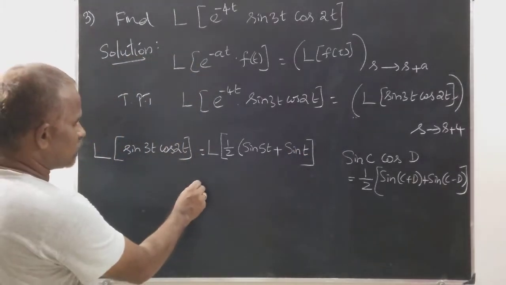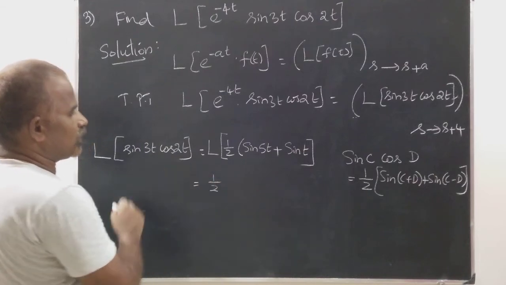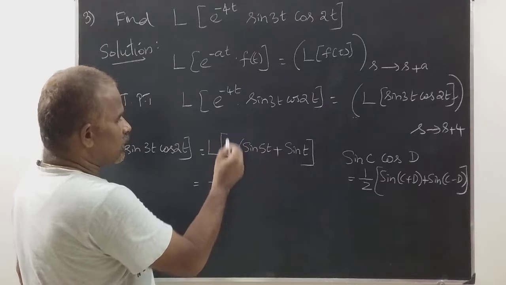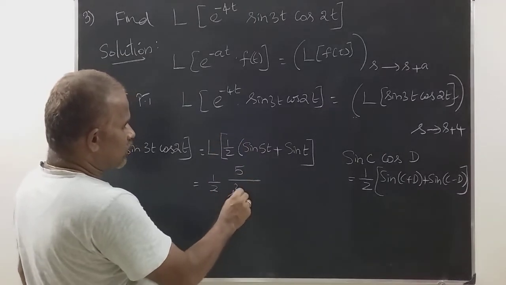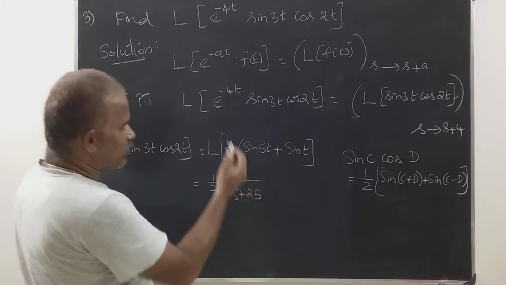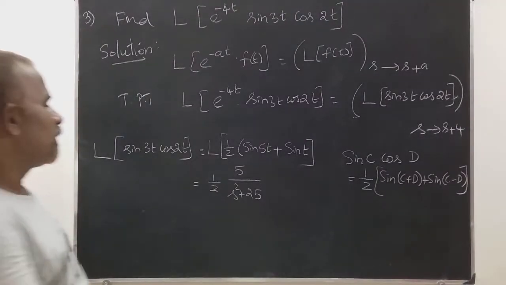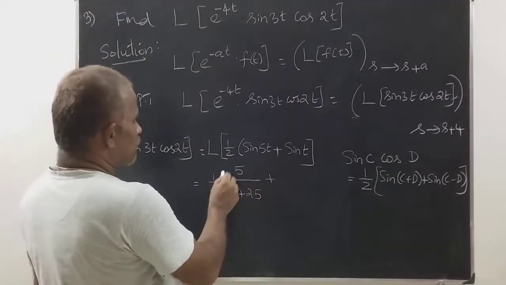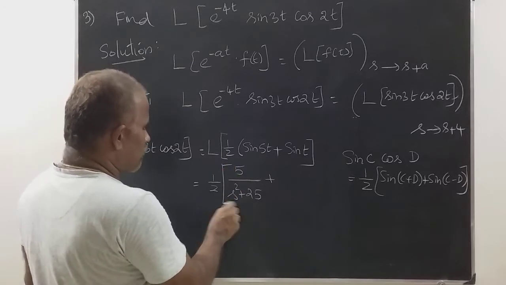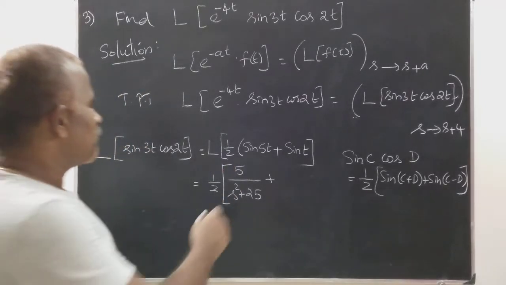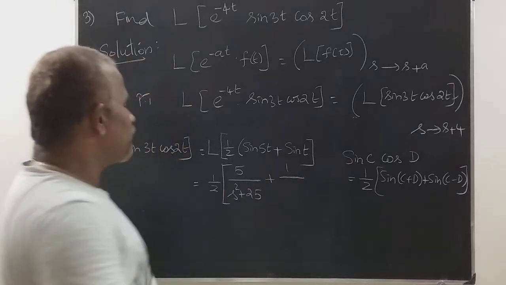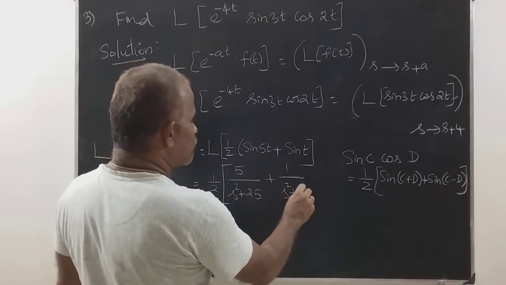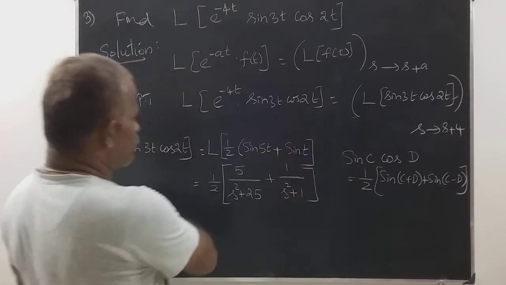So therefore this is equal to 1 by 2 into Laplace transformation of sin 5t, which is 5 divided by s square plus 25, plus 1 divided by s square plus 1 square.